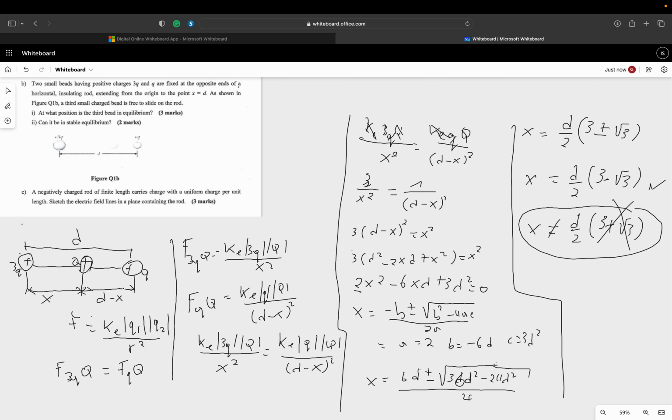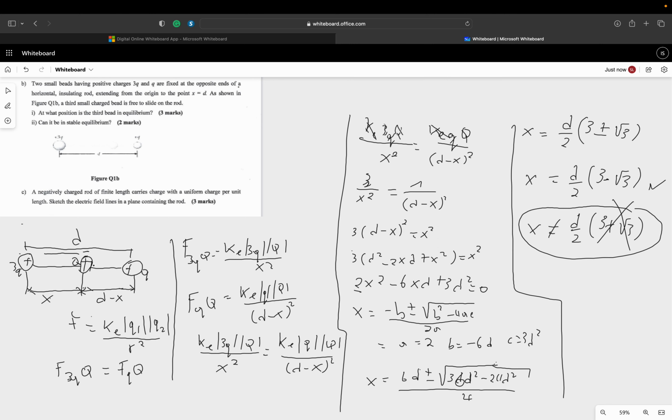So if capital Q is a negative charge, positive and negative do attraction. It will be pulled toward the 3Q charge because 3Q is greater than small q.